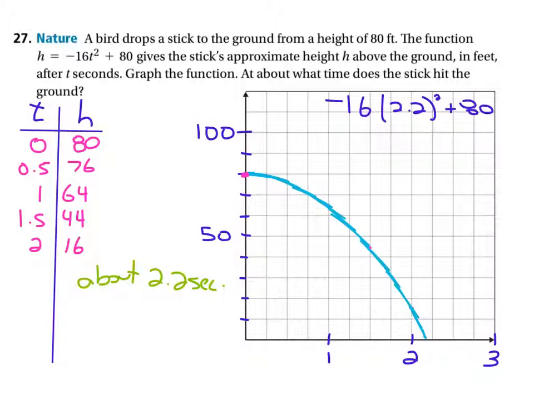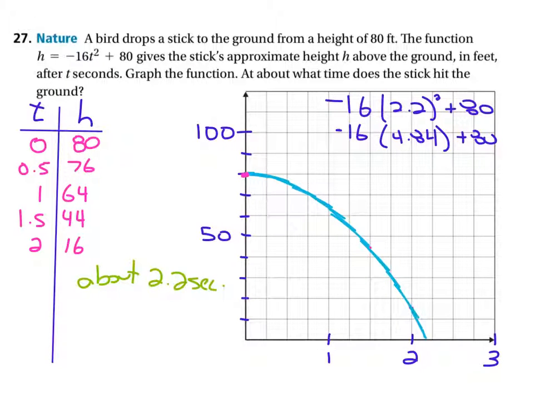Okay, and 2.2 squared is, let's see, 4.84. So negative 16 times 4.84 plus 80.